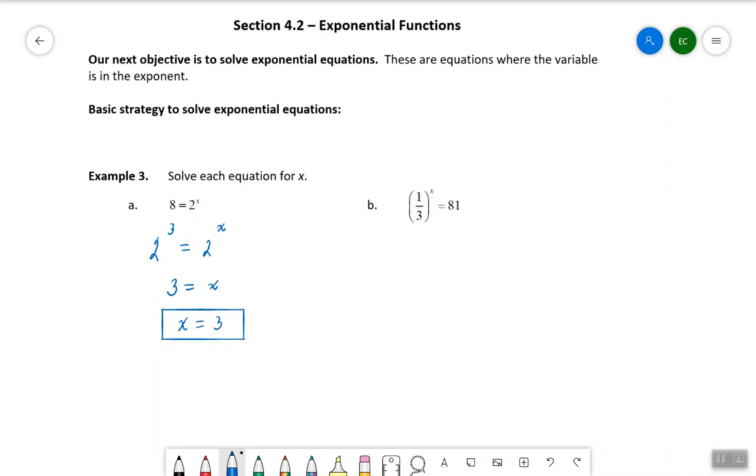Okay, so the basic idea now is to get the base the same on both sides of the equation.